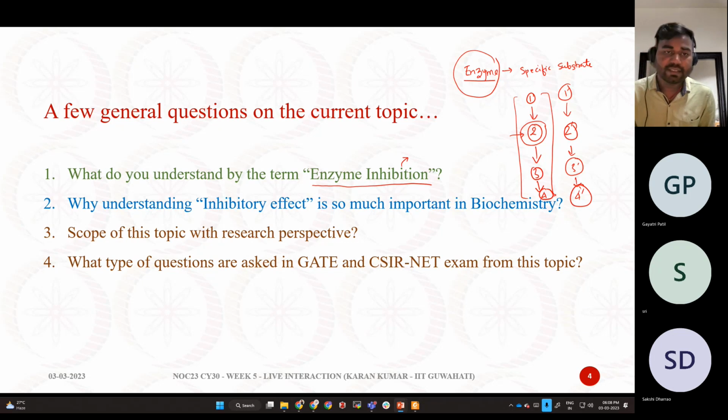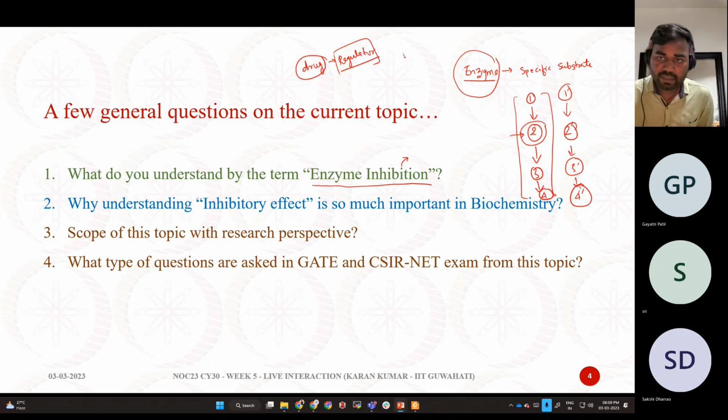In a beneficial sense, if you want to design a drug, drugs are mostly inhibitors, or they can also act as a regulator in your cells, in an organism. How is it happening?